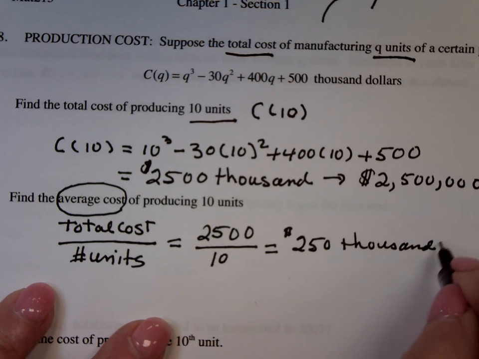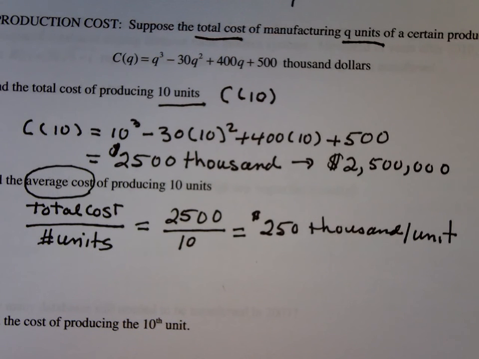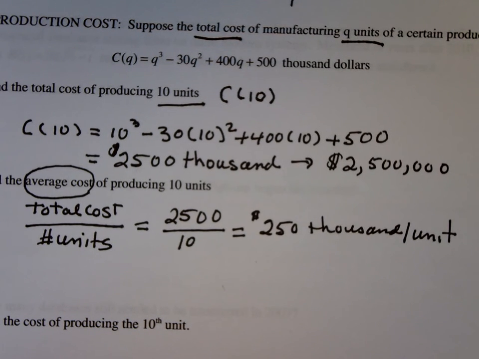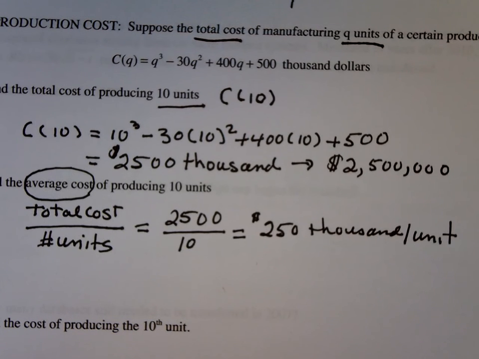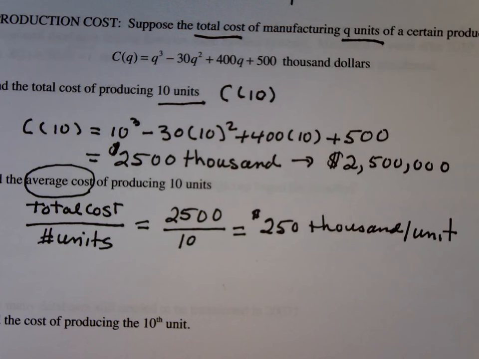Per unit. So average cost is going to be total cost divided by number of units. So it gives you the average cost per unit.